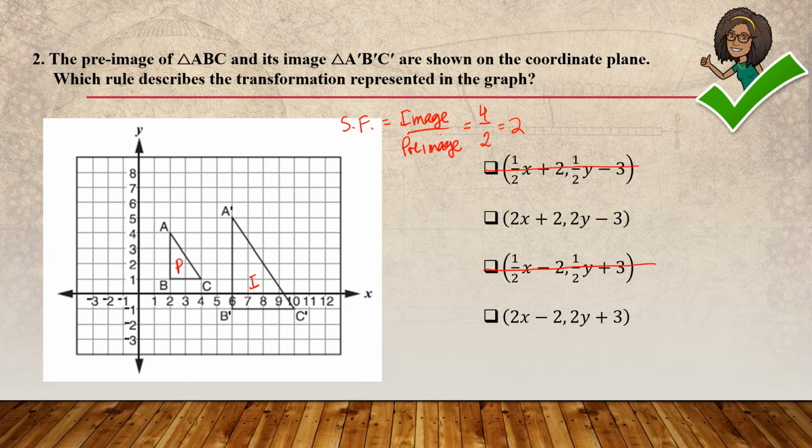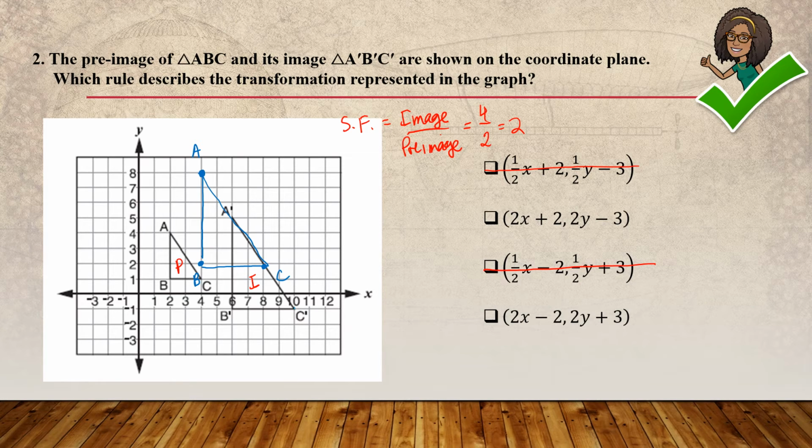So 4, 8 is going to be our new point here. So we're going to say just A now. And then B is at 2, 1. So my new point is going to be at 4, 2 for B. And then C is at 4, 1. So now we're going to be at 8, 2 for C. So this is our new image after the dilation, right?